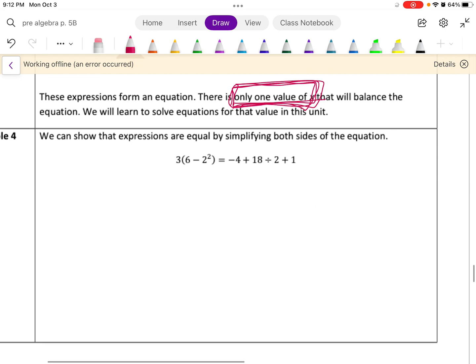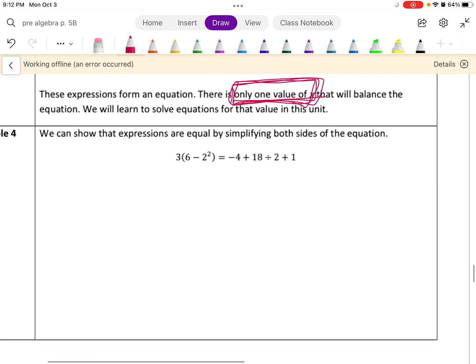So example 4, we can show that expressions are equal by simplifying both sides of the equation. So I'm going to draw a line down here to separate the two sides of my equation. And now I'm just going to simplify them individually. So I'm going to start just by looking at 3 times the quantity of 6 minus 2 squared. Well, remember PEMDAS.